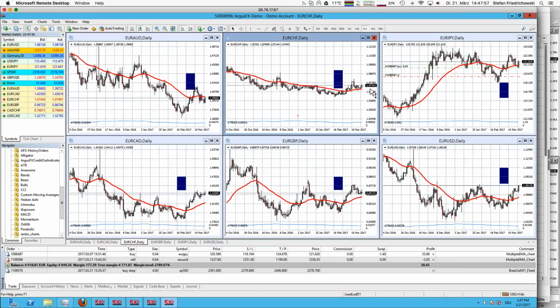Remember why I do that: what I have to do within that setup is to find the one with the highest slope, the leading symbol, and the lagging symbol, which would be the one with a highly negative slope.